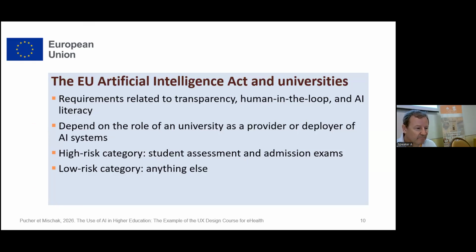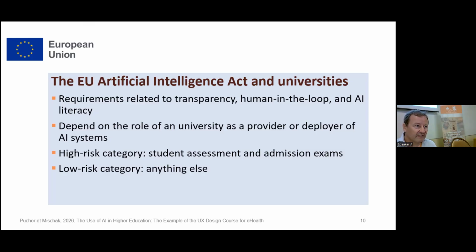There are a lot of requirements. I want to focus only on these three: transparency, human in the loop, and AI literacy. It's very important for universities, for teachers as well. And it depends a little bit on the role you have as university, if you're developing AI or if you only use it.